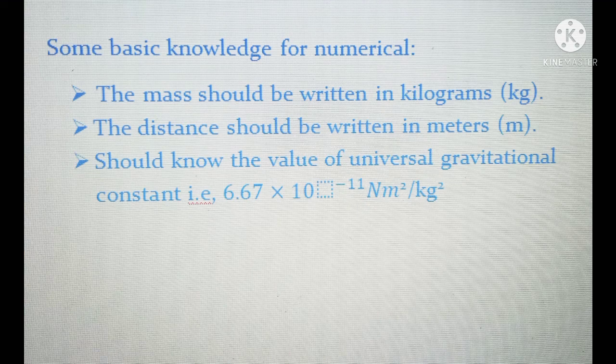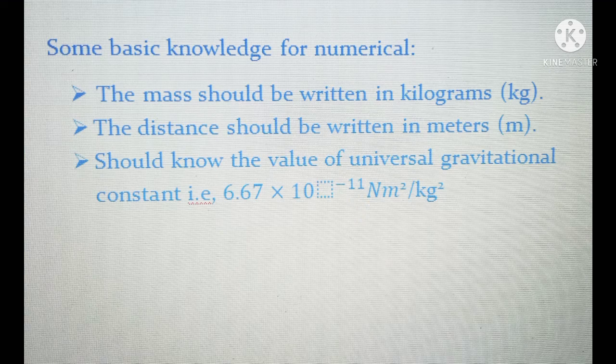Okay, now for the numericals, we should keep some basic concepts in mind. Here are given some of the concepts. The first one is that mass should be written in kilograms or kg, which is its SI unit. Similarly, distance also should be written in meter, which is also its SI unit.